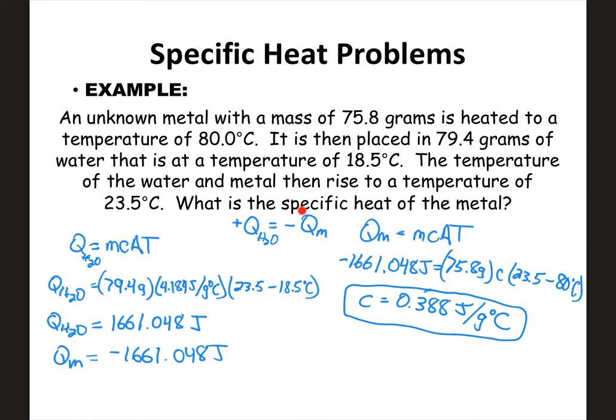But as long as you're not solving for the final temperature, you kind of solve one side and then you go and get the answer you're looking for on the other side. So plus Q equals minus Q. Definitely a big idea you need to be able to do these problems.